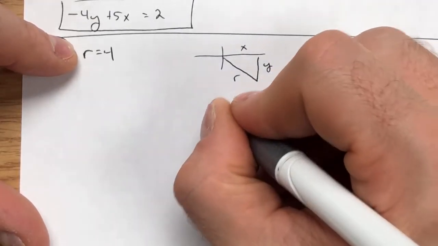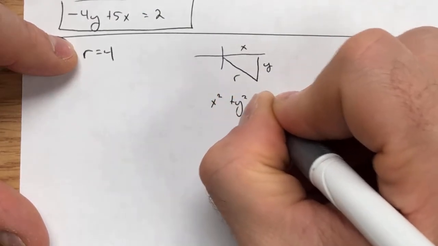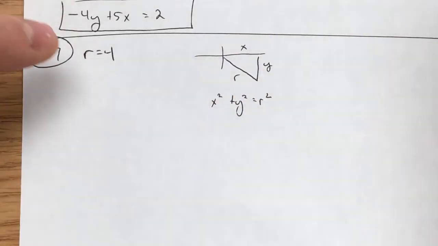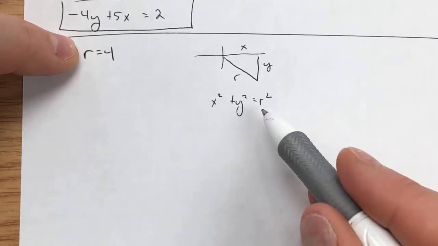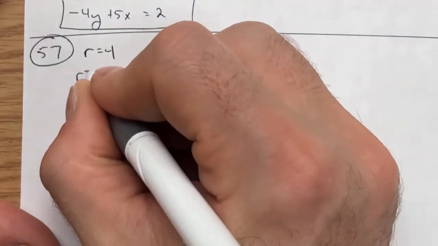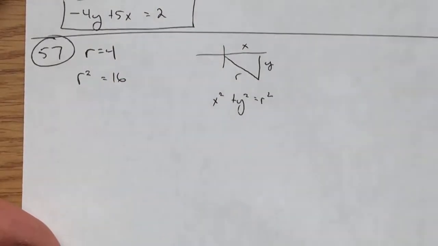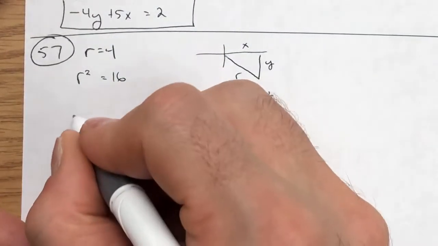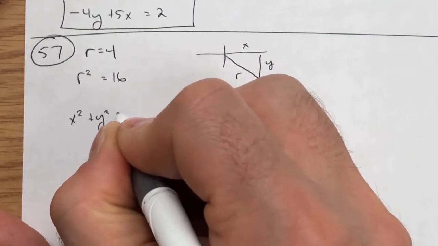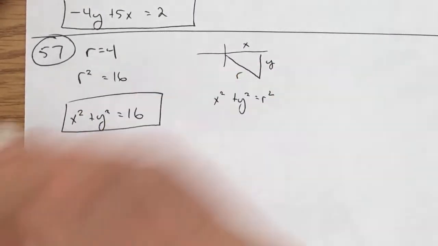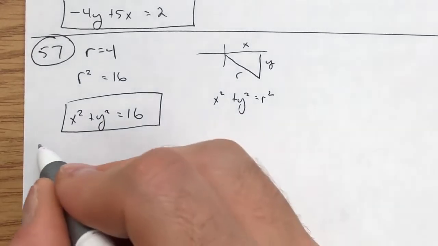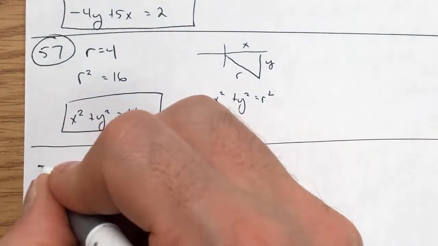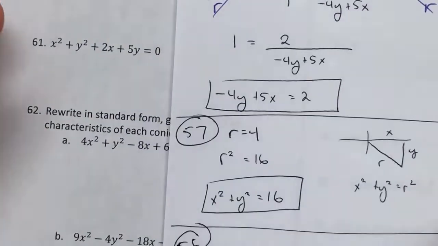So I can use x squared plus y squared is r squared, and I have an r if only I could square it. So I will. R squared is 16. Now I can replace it, which means x squared plus y squared is 16. And there's a rectangular form.